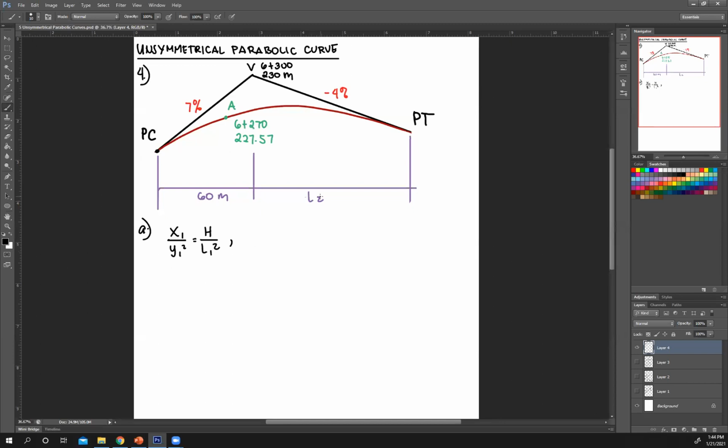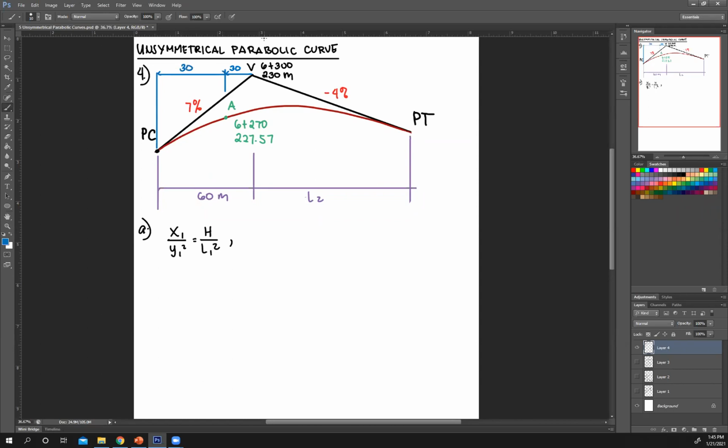This length is 60. This is 300, this is 270, therefore this length is 30 as well, right? Station 6,300 minus station 6,270, so that's 30. And since this length is 60, so 60 minus 30, this length is 30 as well.